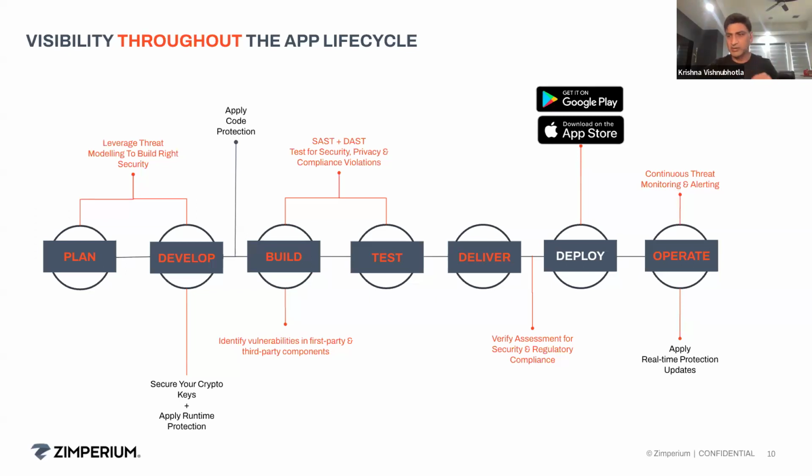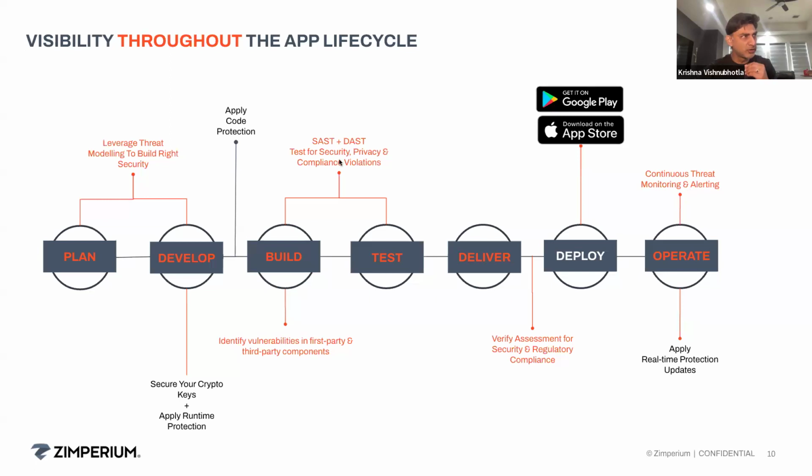So really, when you think of visibility, don't think of it in terms of tooling. Think about it in all these different stages that my app goes through. Am I able to get security visibility to know, one, am I introducing vulnerabilities? Two, is someone actually tampering with my app? Three, is data leaking? Is something going wrong once the app ended up on a device?